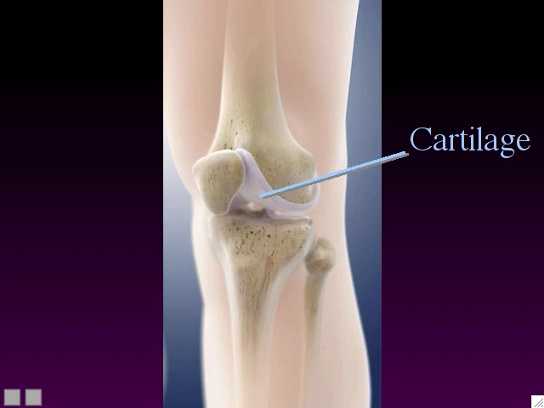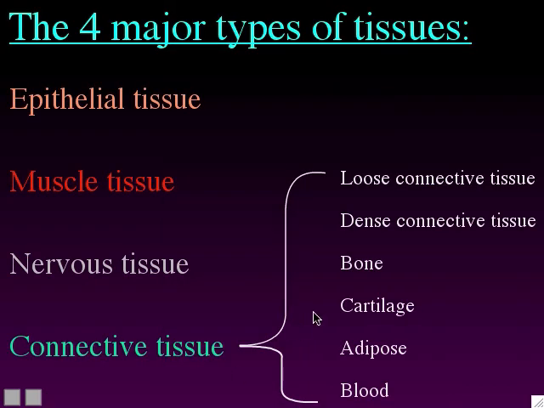And I don't have a picture of it here, but between your vertebrae, which are the bones of your spine, you also find some cushioning cartilage discs. Okay, so cartilage, a rubbery connective tissue, makes cushioning rubbery surfaces between some of the bones in the body.